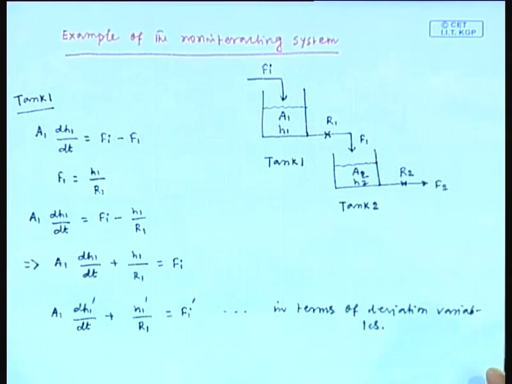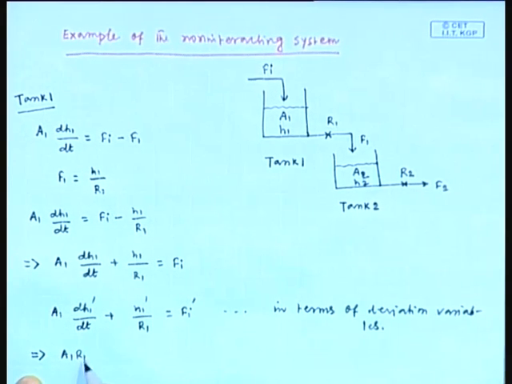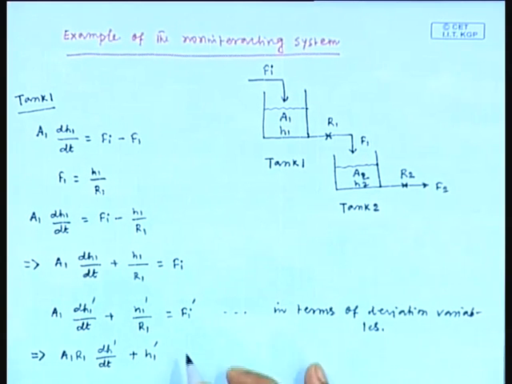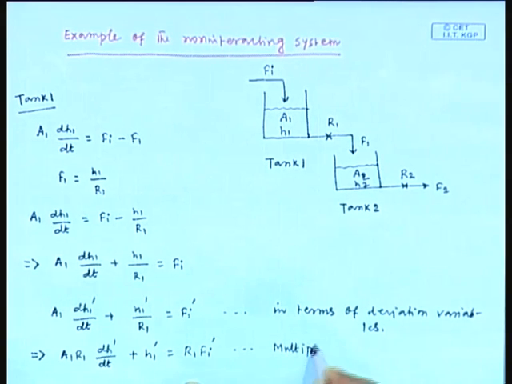Fine. Now, if we multiply both sides by R1, then we get A1 R1 dh1'/dt plus h1' equals R1 Fi'. This equation we get by multiplying both sides with R1.